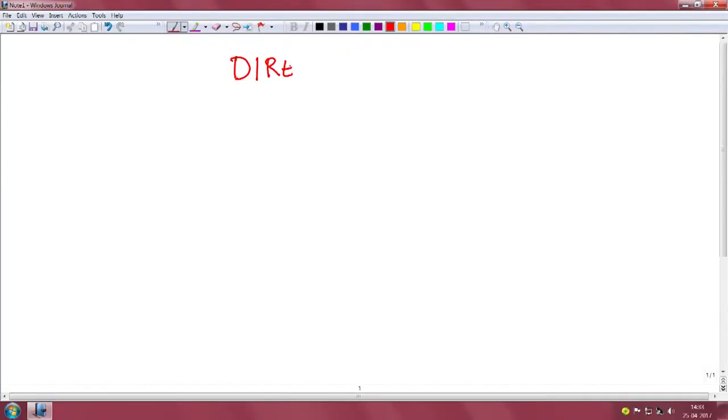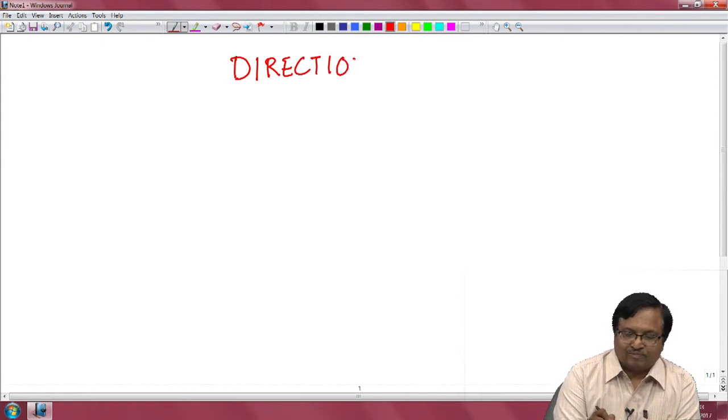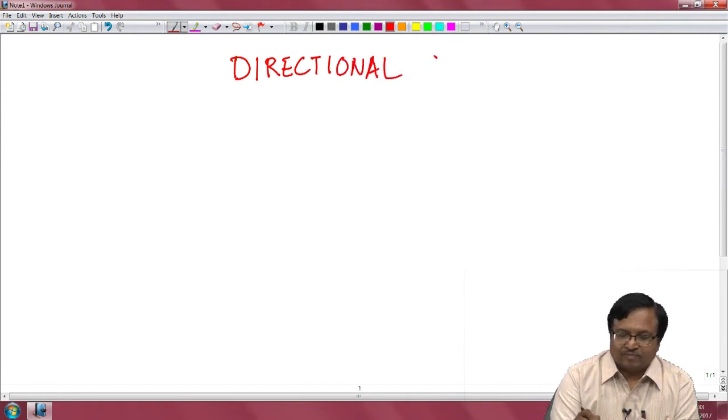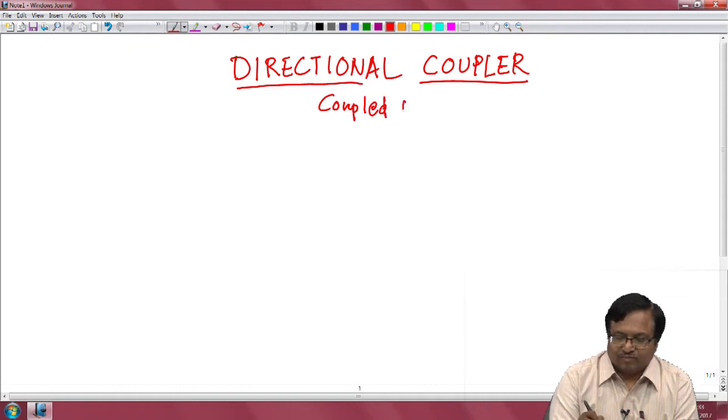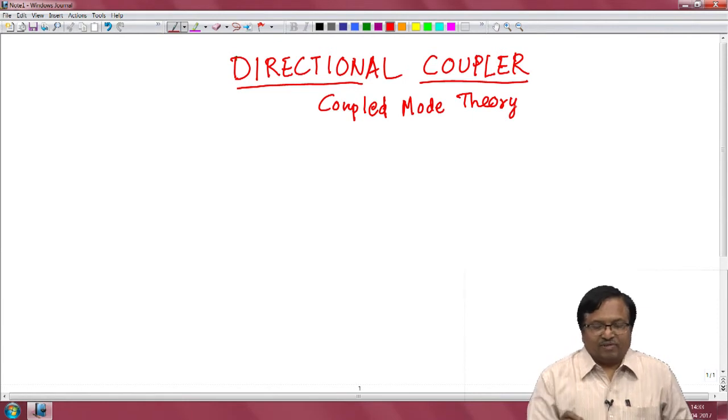Today we will discuss about directional coupler, and a method called coupled mode theory that can be used to study the properties of directional coupler.